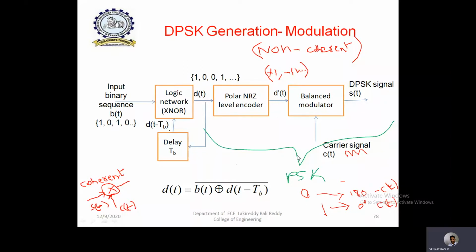That is PSK. But how is DPSK generated? In addition to the PSK, some more logic circuit is added here. Instead of directly applying the input to this block, we modify this input to another form, called differential data.